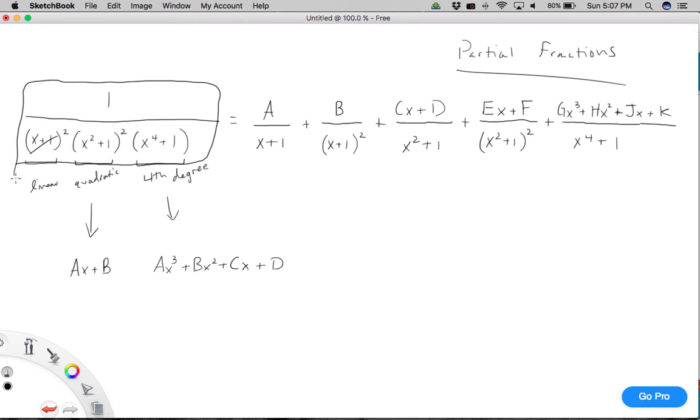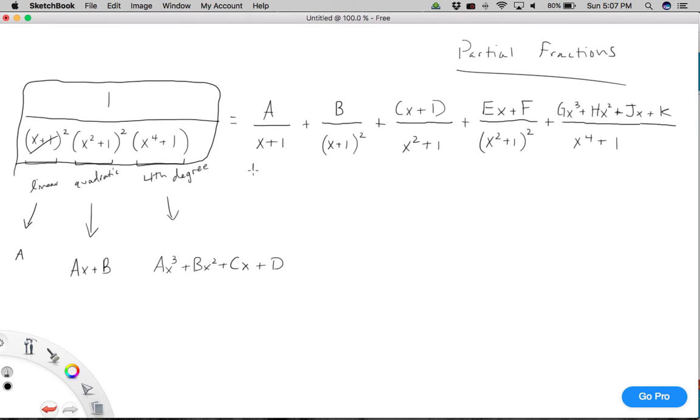Okay, so I might do one more example, just so you get the gist of it. Oh, and before I erase all of this, basically, you're going to take a look at the factor, or the potential denominator that you're trying to separate, and you're going to put a term in the numerator that is of a degree that is 1 less than the denominator.